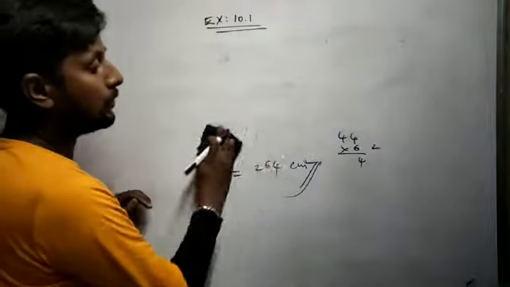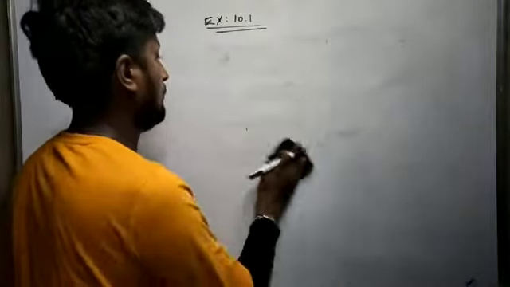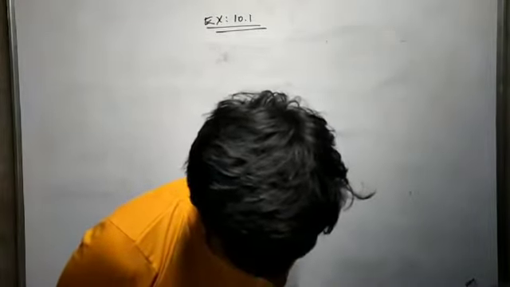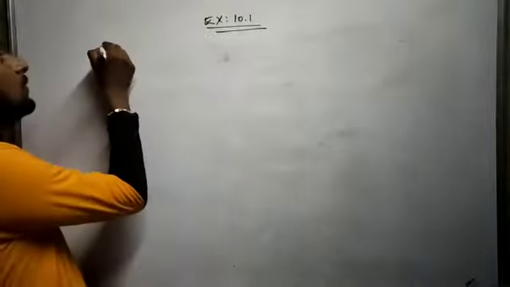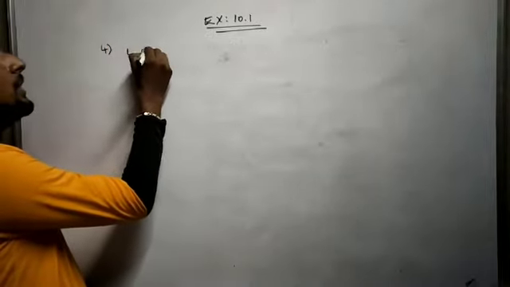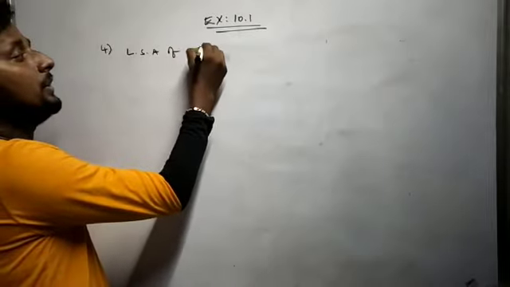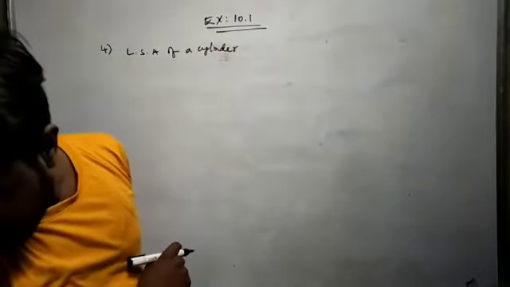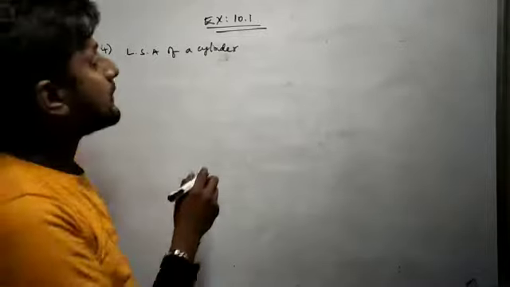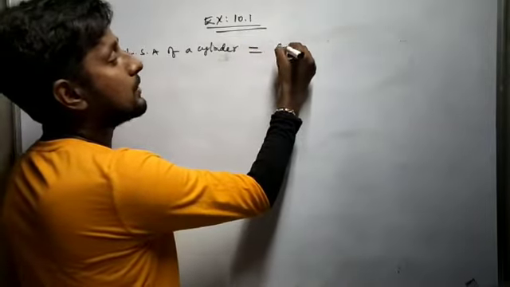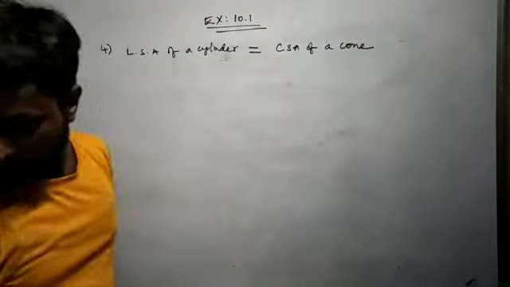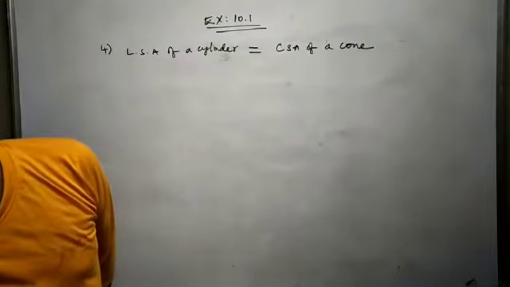The fourth question is about the lateral surface area of a cylinder. The lateral surface area of a cylinder is equal to the CSA of a cone.